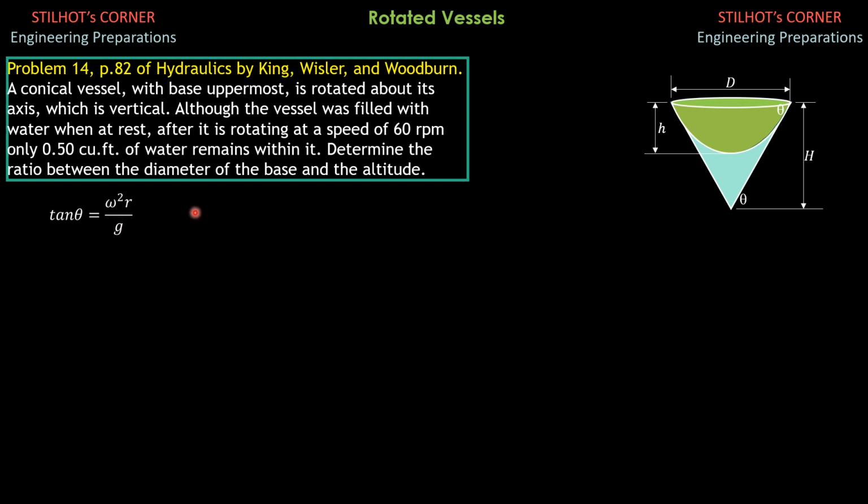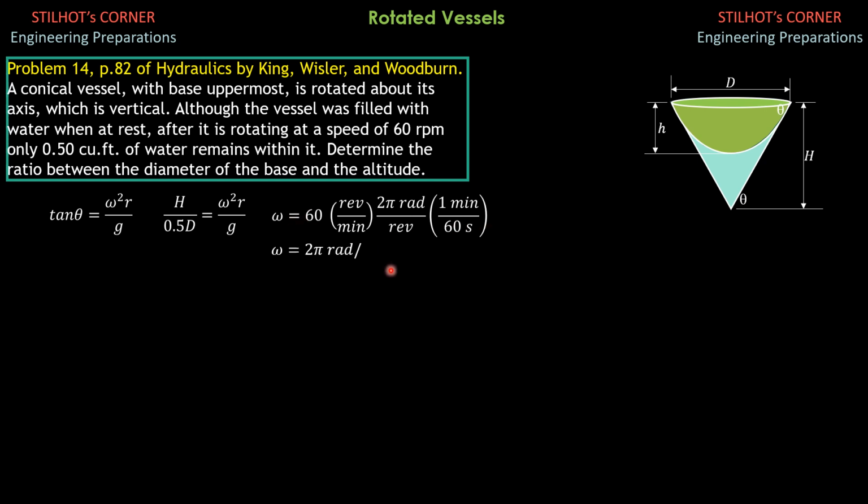So tangent theta is H over radius, and radius is 0.5 D, equals omega squared r, where r is also D over 2, then over g. Since omega is 60 revolutions per minute, we multiply it by 2 pi radians per revolution times 1 minute is 60 seconds, so that we can cancel 60, it is 2 pi radians per second.